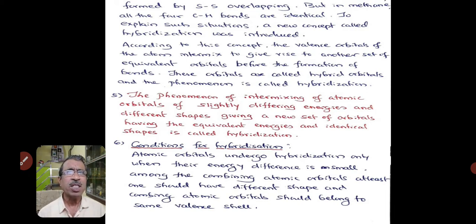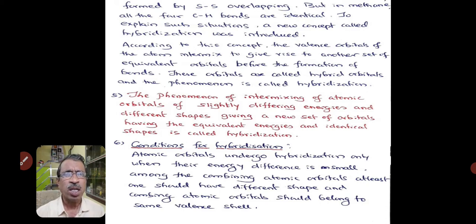To explain such situations, a new concept called hybridization was introduced. According to this concept, the valence orbitals of the atom intermix to give rise to another set of equivalent orbitals before the formation of bonds. These orbitals are called hybrid orbitals and the phenomenon is called hybridization.